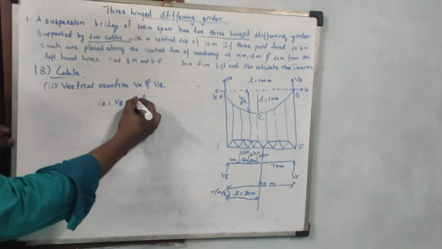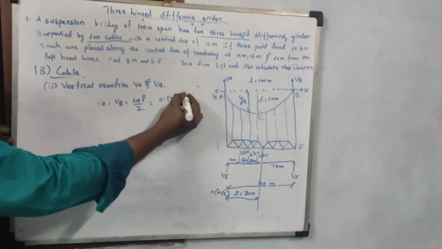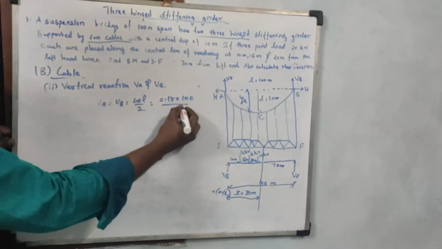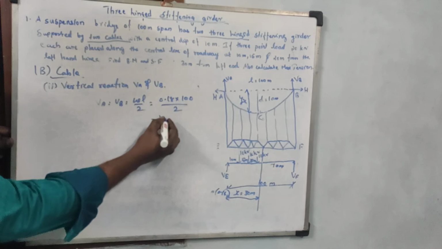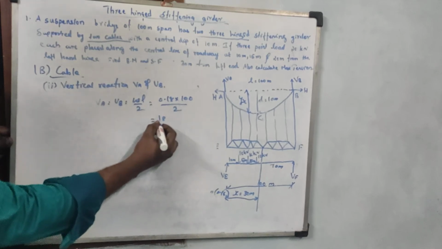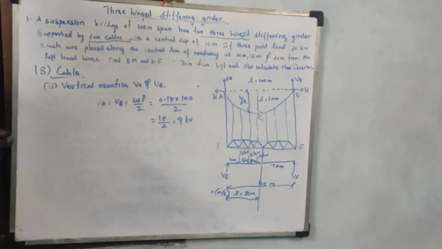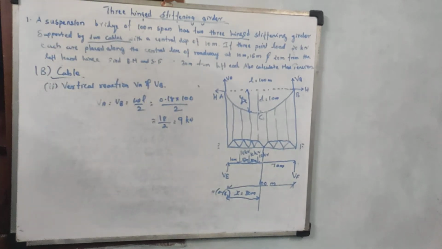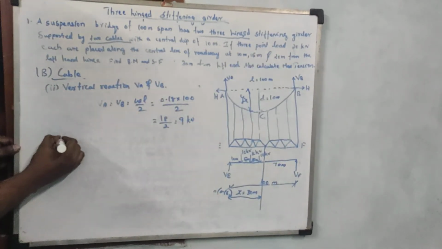So for W equal to 0.18 into L equal to 100 divided by 2, that is 9 kilonewton.